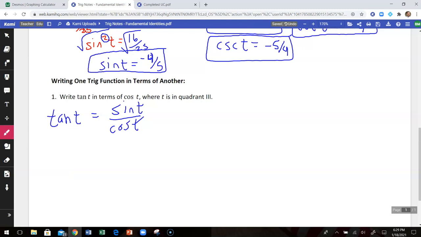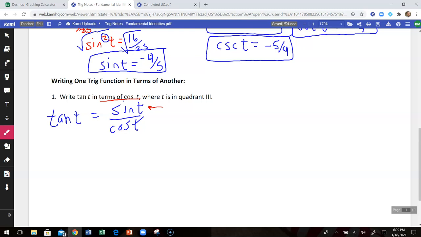I want to say tangent is equal to only stuff that involves cosine on the right side of my equation, which means I need to get rid of sine. I need to be able to write sine in terms of cosine so that I can replace it with some stuff that involves cosine.